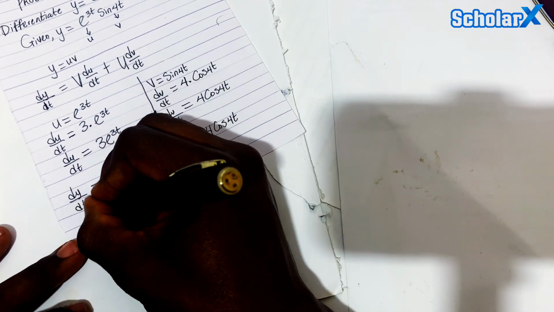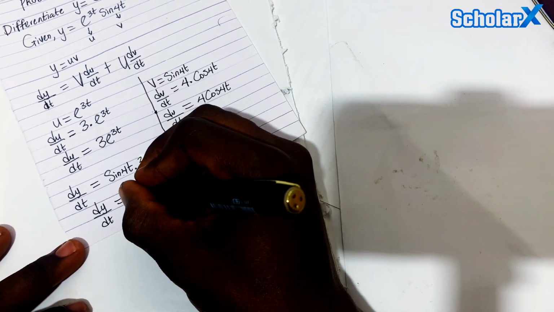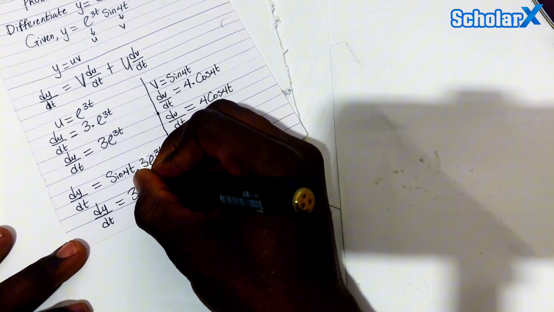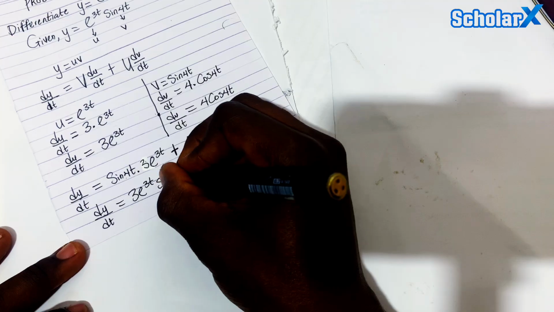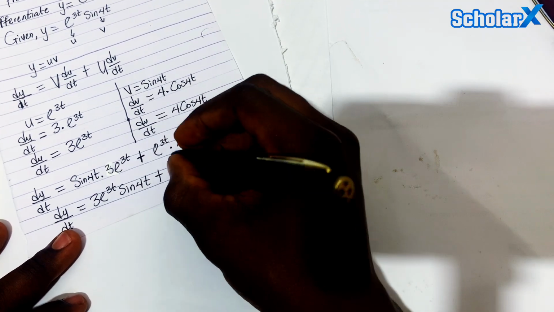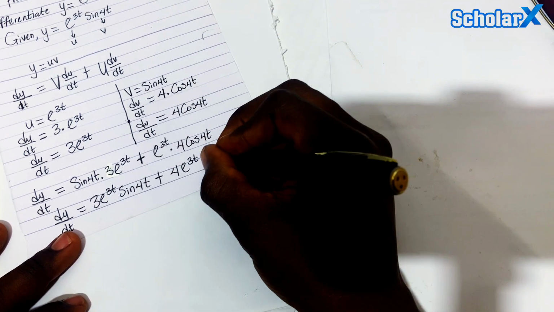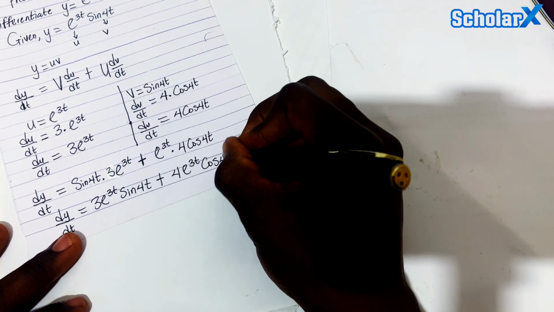So our dy dt finally becomes this multiplied by this, which gives us 3 exponential 3t sine 4t, plus this multiplied by this, which gives us 4 exponential 3t cos 4t.